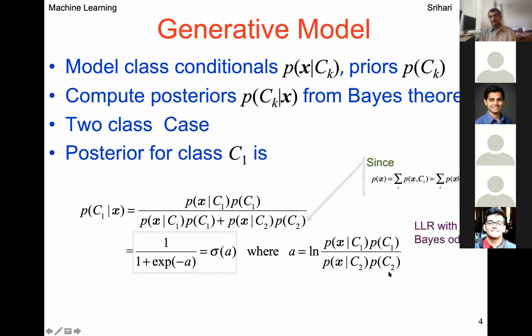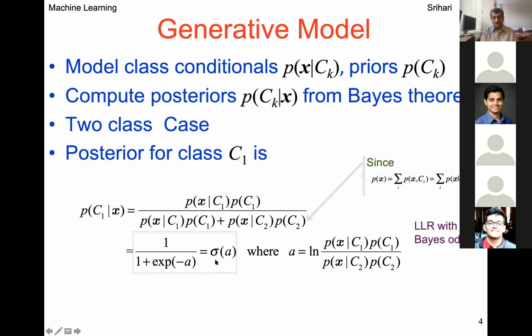Although we said that the sigmoid in logistic regression comes about in discriminative problems, in generative problems also a similar sigmoid expression comes out. The only thing is, what are you taking a sigmoid of? The sigmoid we're taking is the logarithm of this ratio of the products of these probabilities. The numerator is one class, the denominator is the other class. So it's an interesting substitution that takes the generative model also into the sigmoid area.